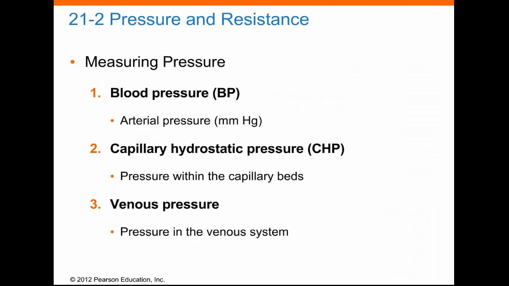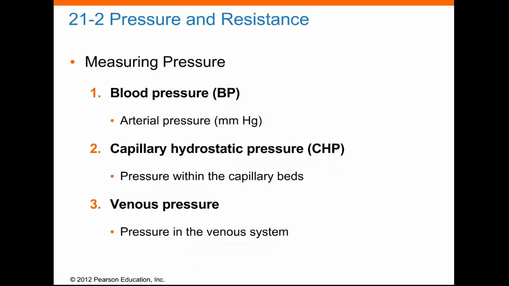So measuring blood pressure, we measure blood pressure via a non-invasive method where we wrap a cuff around the person's upper arm usually, and what we do is we pump up the air in the bladder around the patient's arm and compress the brachial artery against the humerus bone. Then we pump that up until we completely obliterate the artery and close it off momentarily.